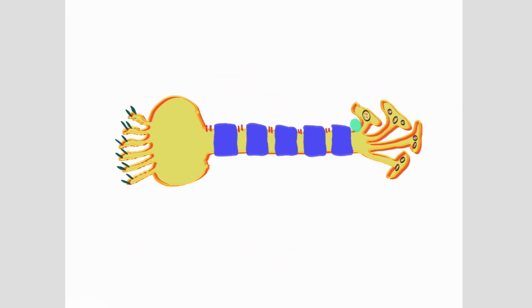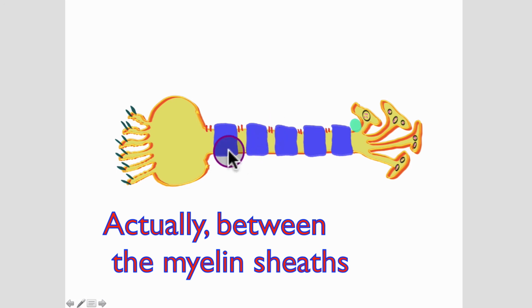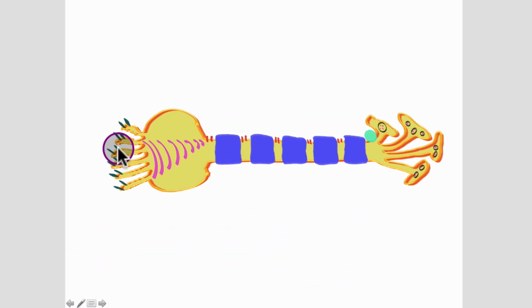So if we look here, in red, these are the voltage-gated sodium channels that would be between the nodes of Ranvier. Certainly they would be on both sides of the axon, but for the sake of this lecture, I'm just putting them on this side. Once again, here's the graded potential that is losing strength across the cell body.